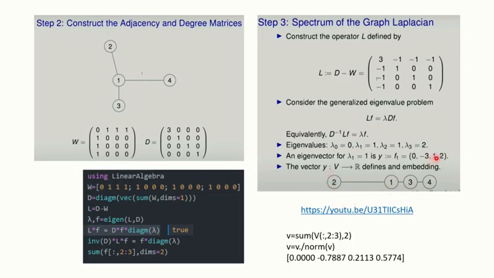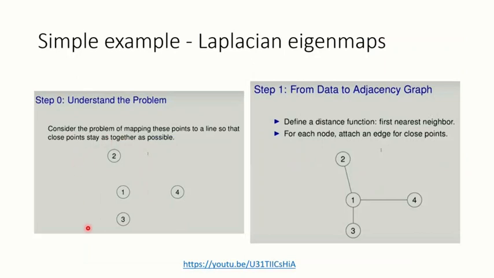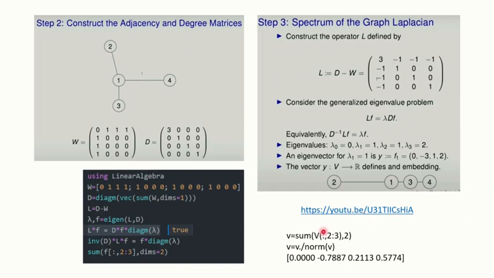The third node is put in coordinate 1, the 4th node in 4, and the last node in 2. So that's the embedding after Laplacian eigenmap. You convert 2D data into 1D, and their relationships are reflected in this way.